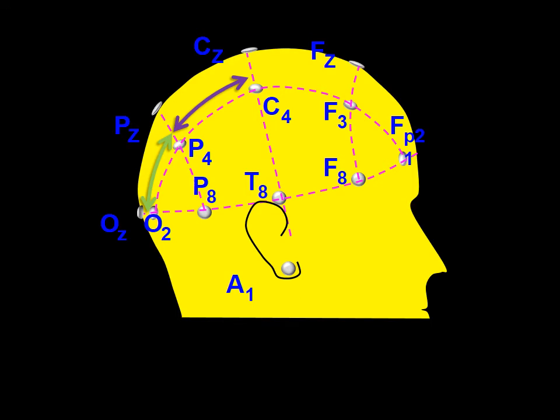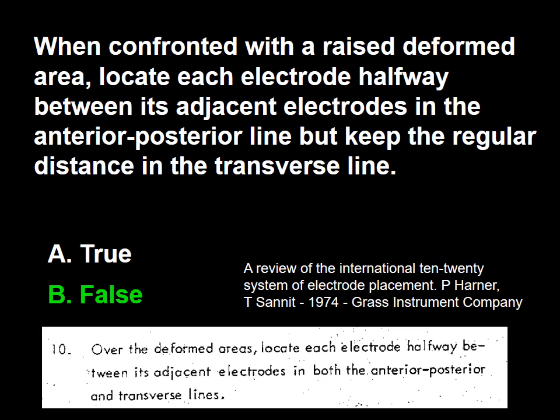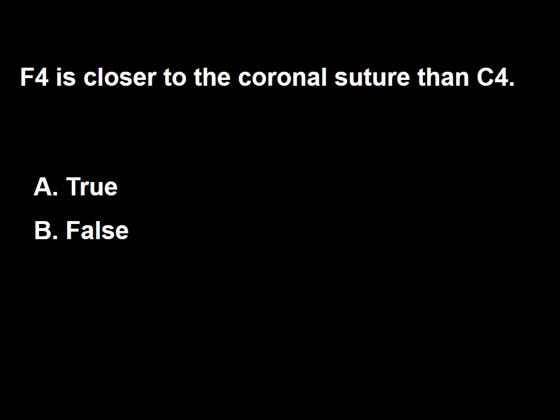On the normal side, P4 should be placed in its regular position. So the answer is B. I included here a segment from an old manual from the Grass Company. If you get a hold of it, read it.